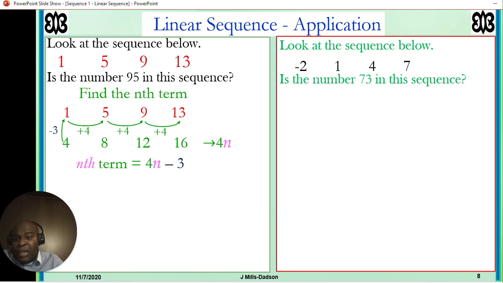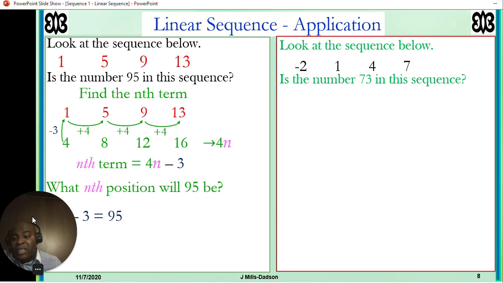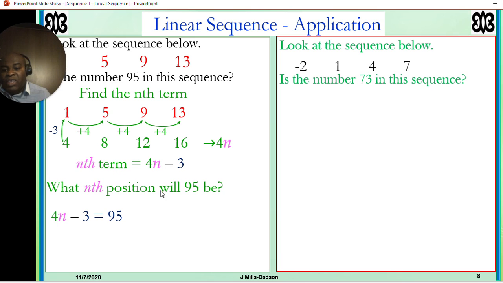So to find out if 95 is in the sequence, equate the formula with 95. The reason is we want to work out the n position of the number 95. So we equate the formula with 95 and solve our equation. Add 3 to both sides. 4n equals 98. Divide by 4 through both sides.